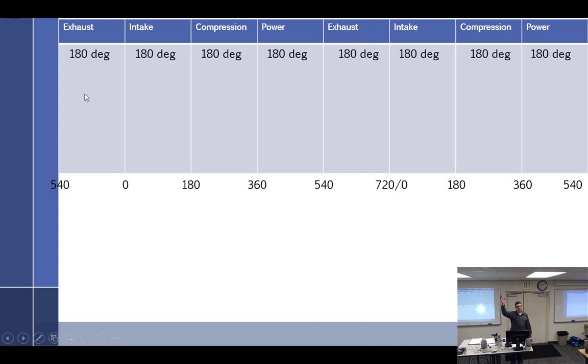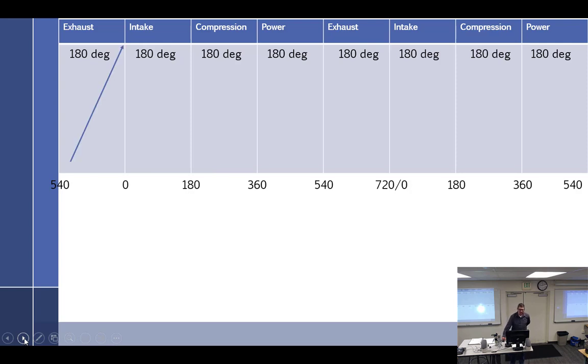So for the exhaust stroke, it's 180 degrees. For the intake stroke, it's 180. So 4 strokes is how many degrees? 720. So we can start here with 0 degrees, 180, 360, 540, 720, or 0, because this is intake, compression, power, exhaust. These 4 right here make up one cycle. So it's 720 degrees.